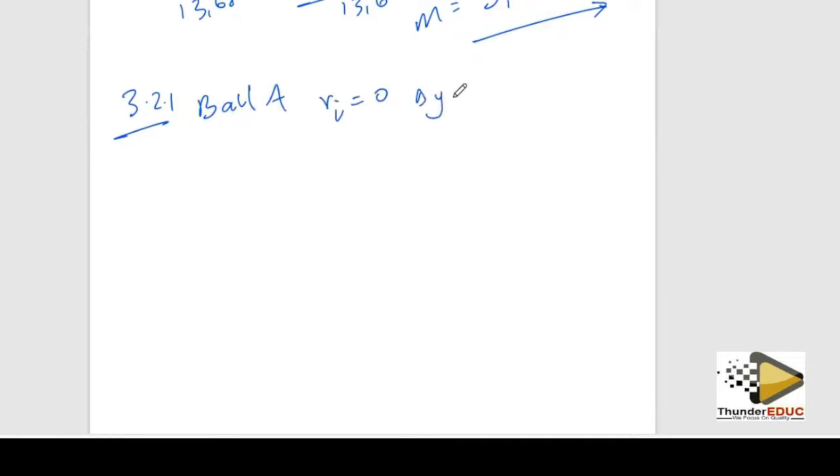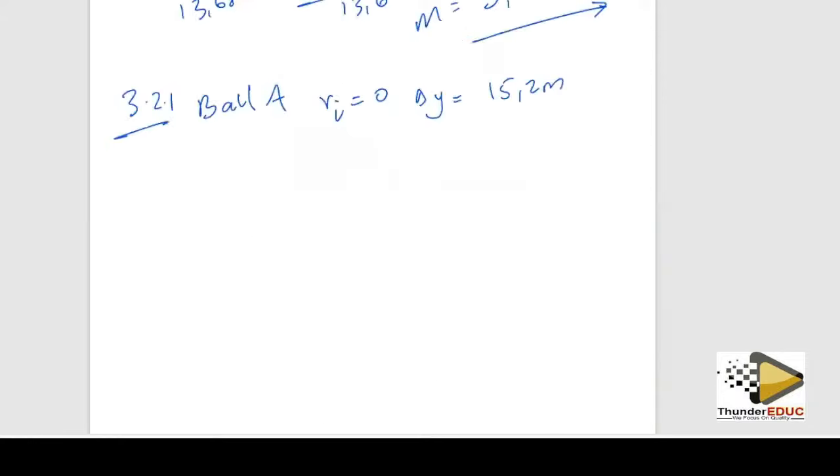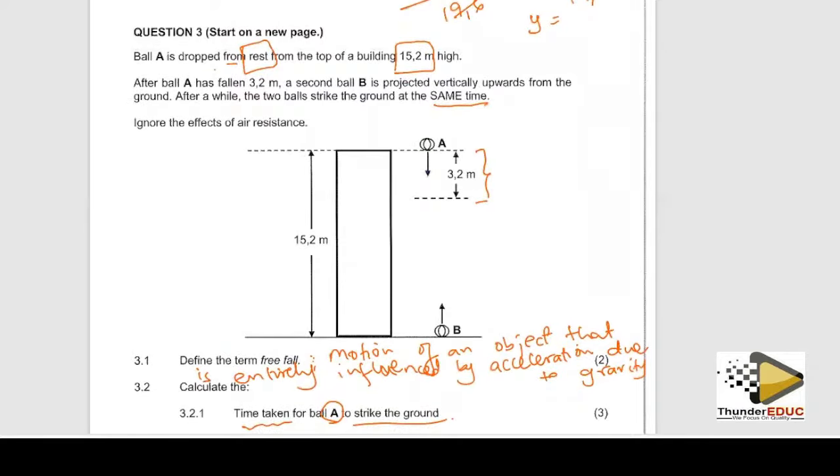The displacement that it must go through is 15.2 meters. Okay, is there any other information that was given? They want us to find the time. Okay, that is what we need.